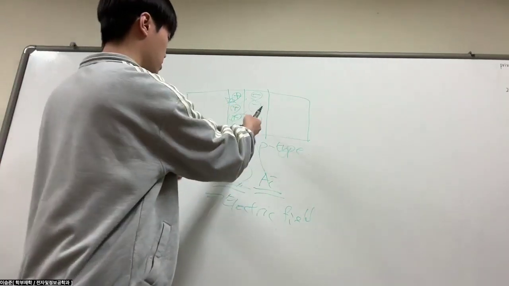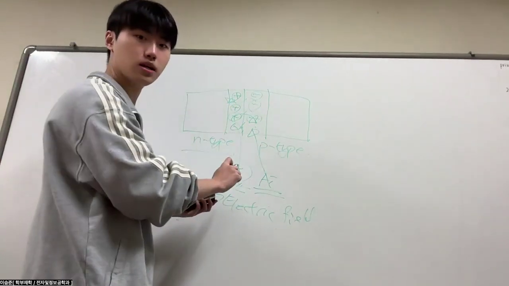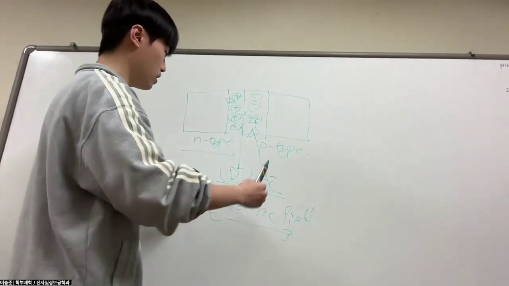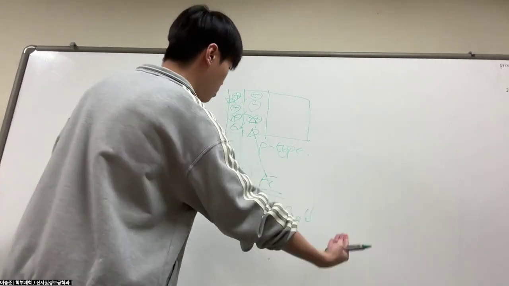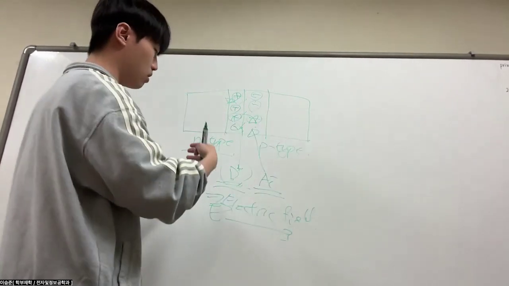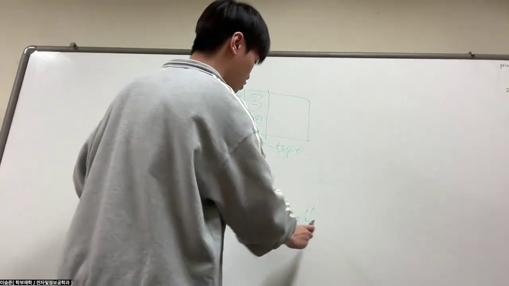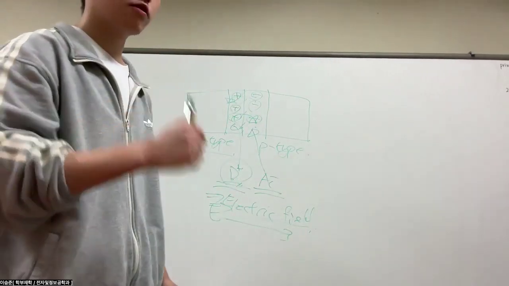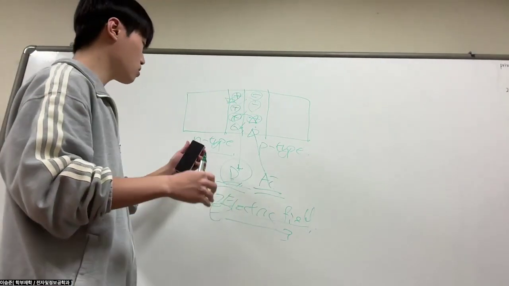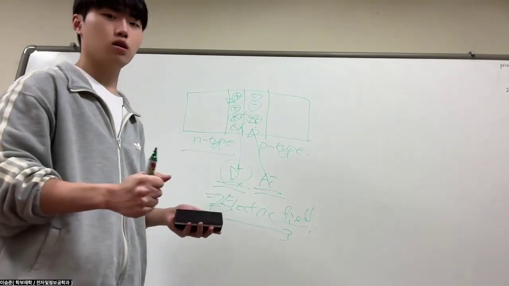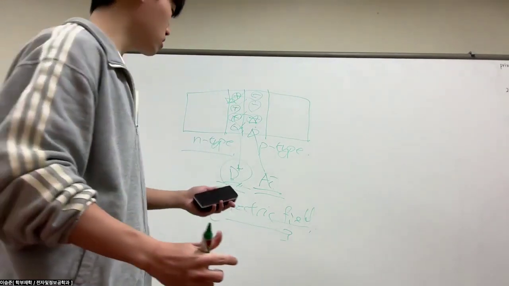So the plus and minus are here, and the E field direction will go here, and the electrons will go from P-type to N-type, and the holes will go from N-type to P-type by the electric field. We call this drift current, and the one due to concentration, we call diffusion current.